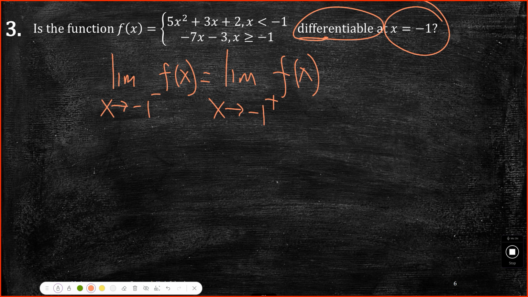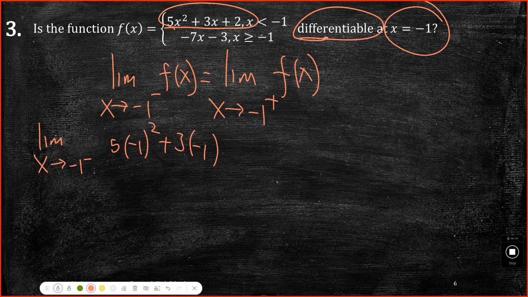So let's do that. Find the limit as x approaches negative 1 from the left. So coming from the left, we just got to plug it in here. So lim as x approaches negative 1 coming from the left. Plug it in, negative 1. 5 times negative 1 squared plus 3 times negative 1 plus 2 has to equal the limit as x approaches negative 1 from the right.